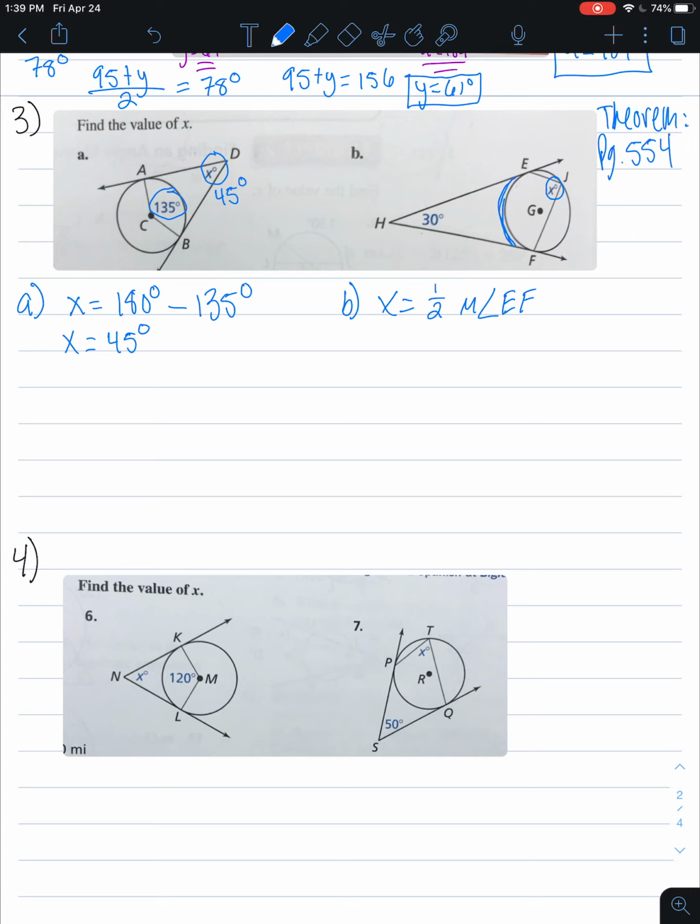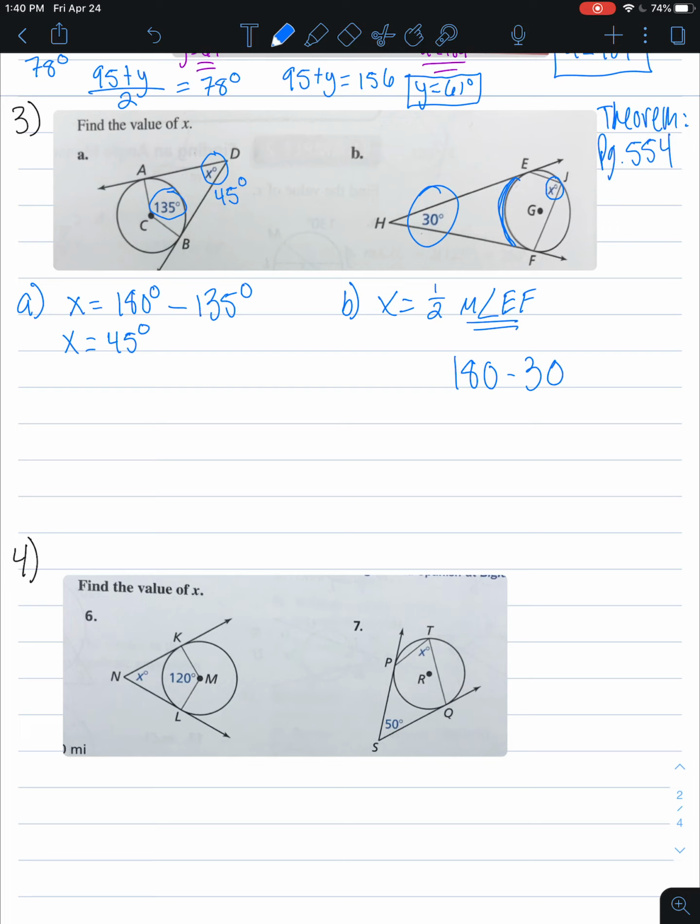So now, we also know that this EF right here, by the definition of a minor arc, because that's what that is, we can use that and the circumscribed angle theorem to substitute this part with 180 degrees minus EHF, which is this part right here.